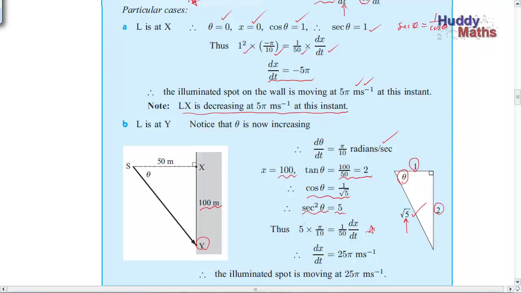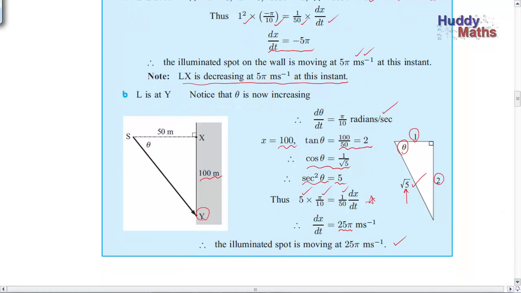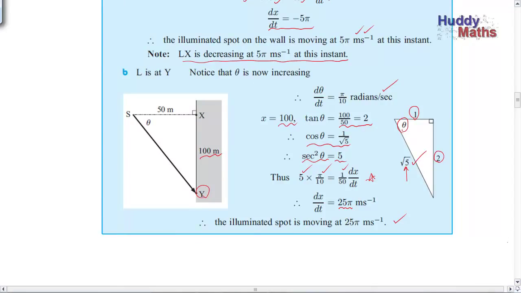So now we can sub in the sec squared, the rate of change for the angle, and so on, rearranging it, it's 25 pi meters per second. So the illuminated spot is moving at 25 pi meters per second, and so it's speeding up there along that wall, but the theta, the angular rate of change, the angular velocity, is still that constant.